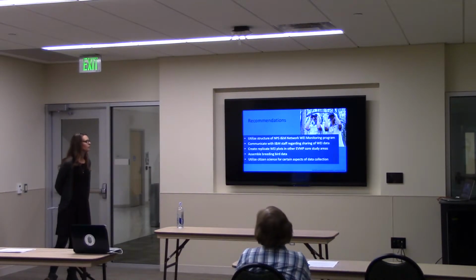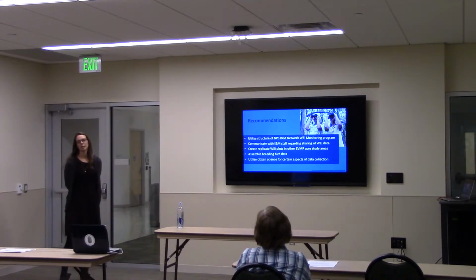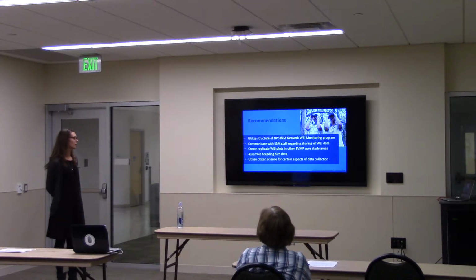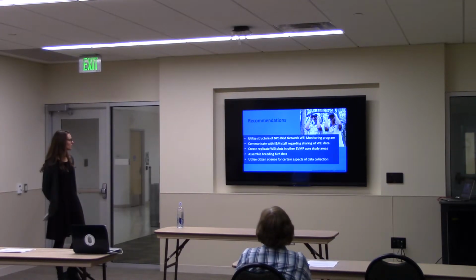In addition to the wetland ecological integrity program, if the park wanted to integrate any other indicators, I think that utilizing bird data could be a helpful one to add in. WEI looks at vegetation, hydrology, and soils. And as I said, the more indicators you're looking at, the more complete an idea you'll have of how the system is functioning.